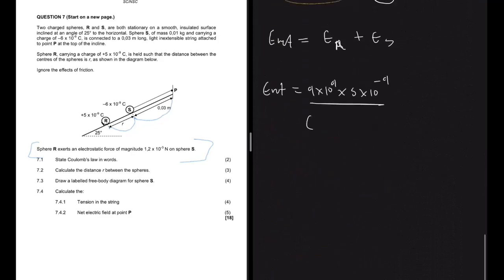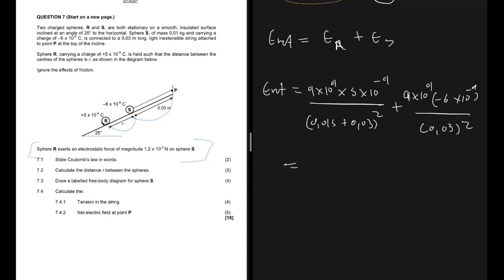We calculated it was 0.015 meters, so that is 0.015 plus 0.03, and then we square that, plus 9 times 10 to the 9, and then the charge of sphere S, minus 6 times 10 to the minus 9, divided by the distance 0.03 squared, which is equal to, let me put that in the calculator real quick and see what I get.